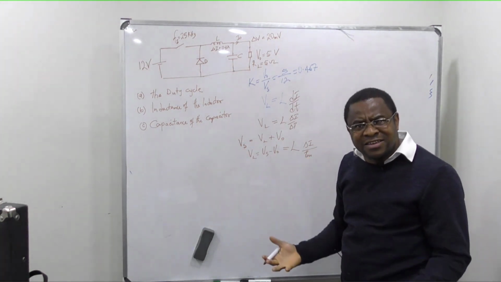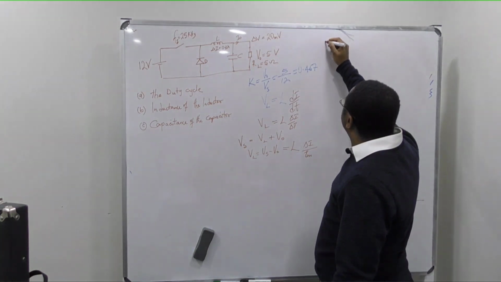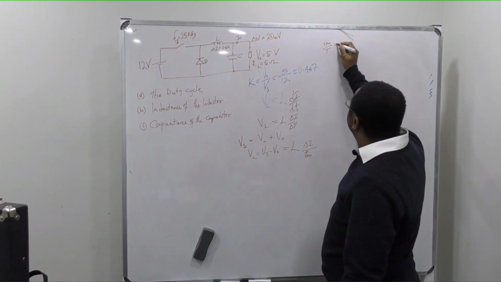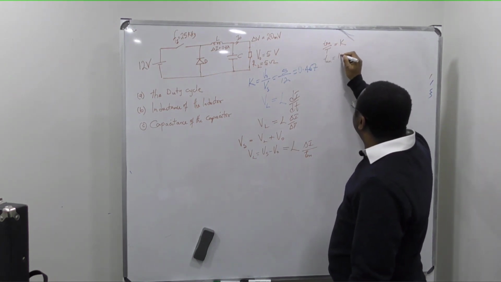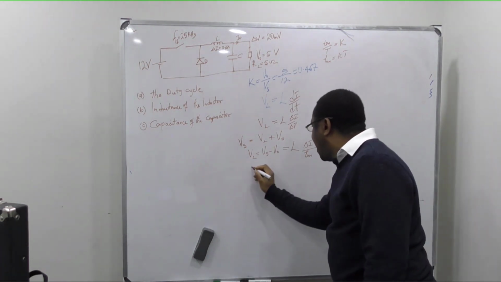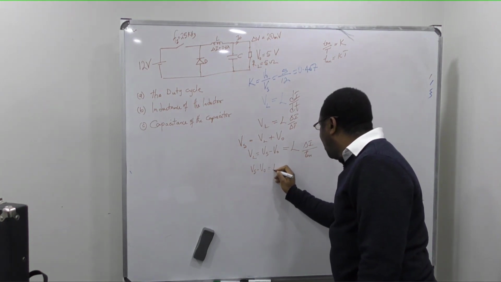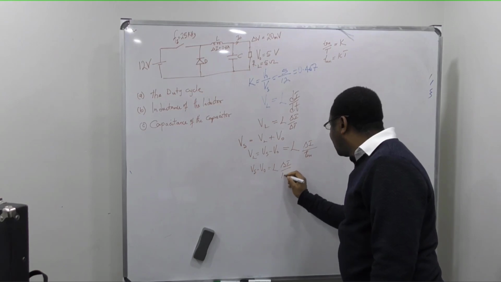T on is KT; T on over the period equals the duty cycle. So I can write this as Vs minus Vo equals L times delta I over KT.